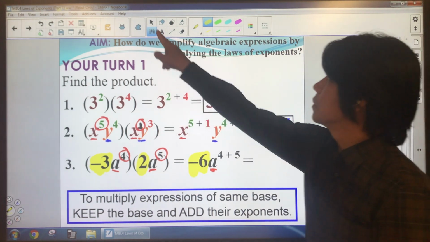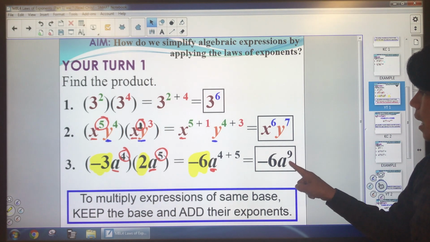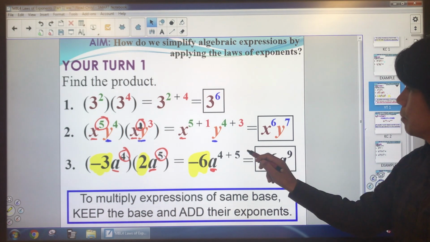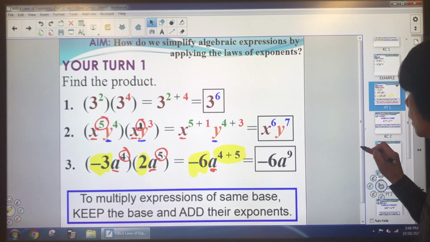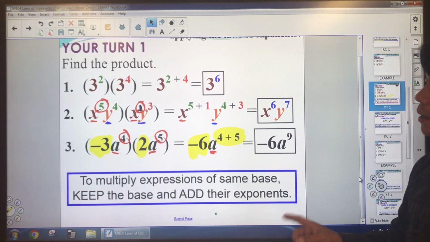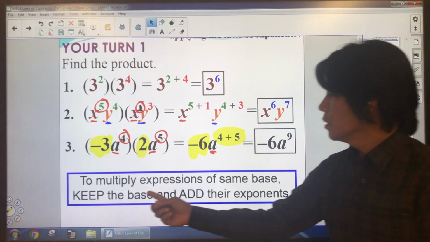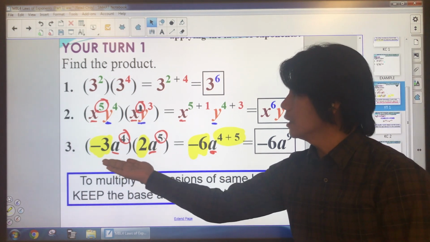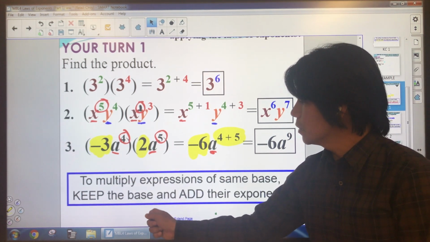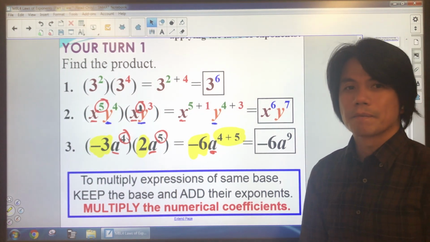That gives you negative 6. So therefore our final answer is negative 6, a to the 9th power, because you add this up. Right? Now going back to the key concept that we learned, to multiply expressions of the same base, you keep the base and add their exponent. But on the third example, we also need to multiply the numerical coefficients.